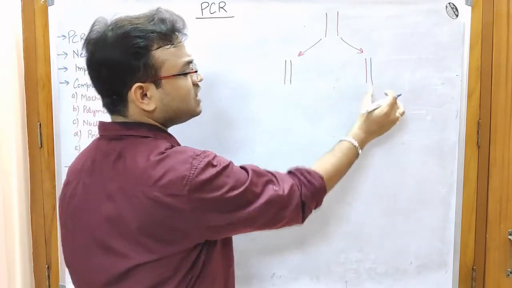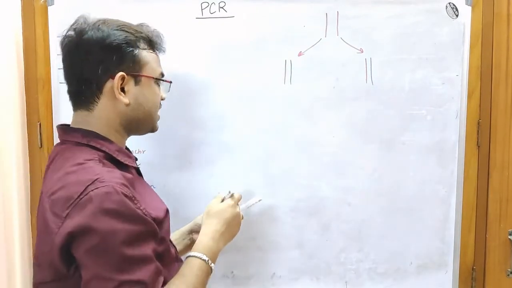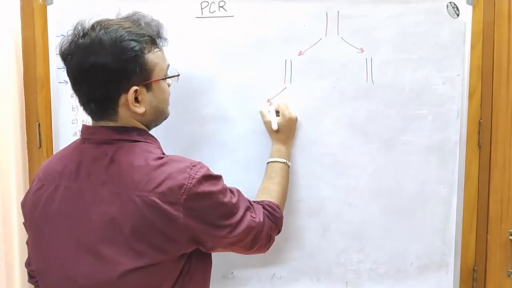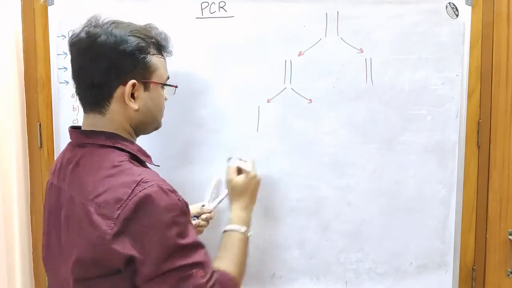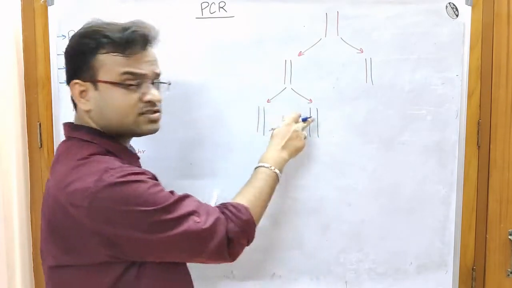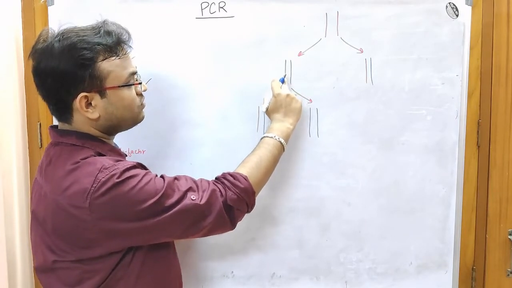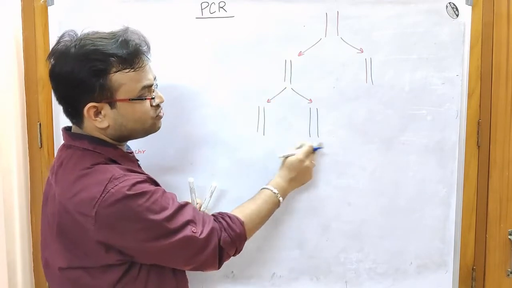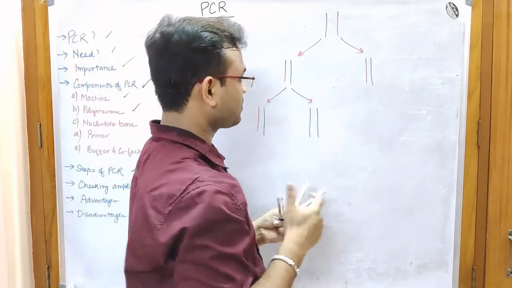Now these two strands will again serve as the template for another polymerase chain reaction cycle, just like this. Here just see carefully that the original template strand was used to form a new strand, and this strand was again used to form a new strand. Therefore here both are blue, right?